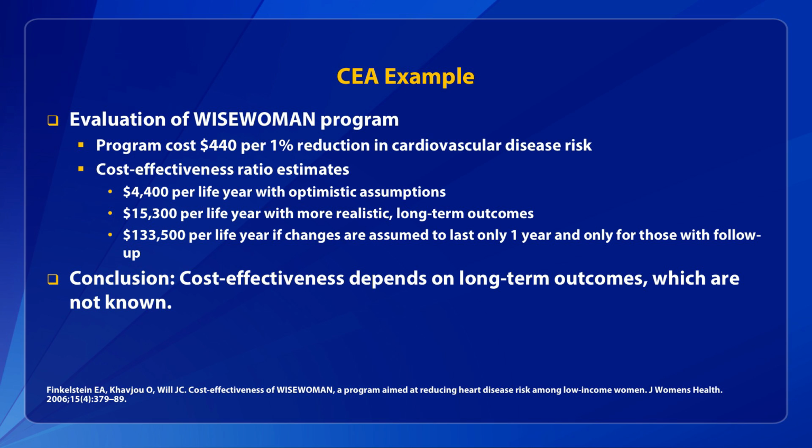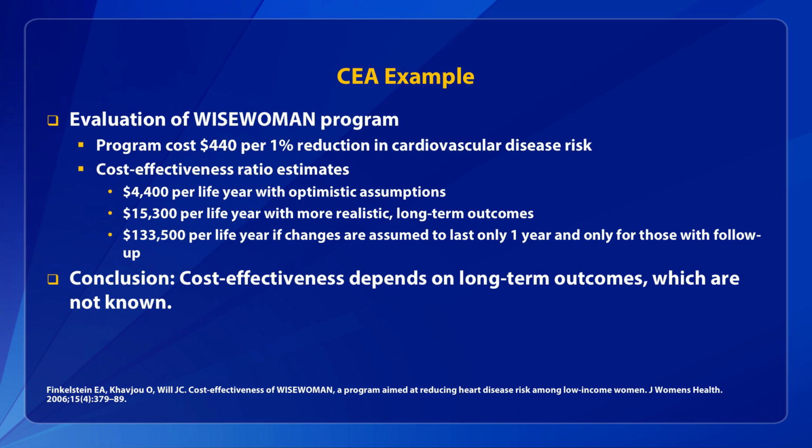As a result, the authors found that the program cost $4,400 per life year gained under the most optimal assumptions, which would be changes in cardiovascular disease risk assumed to last a lifetime. But when more realistic longer-term outcomes were evaluated, the costs increased to $15,300 per life year saved. These changes in cardiovascular disease risk were assumed to last for the lifetime of only 24% of the participants.